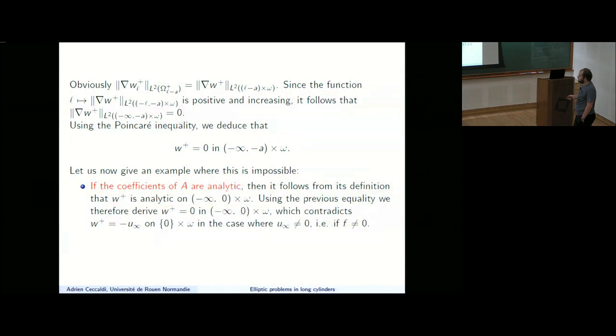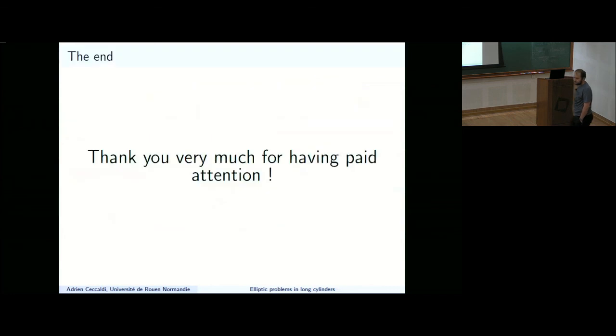So the U infinity is equal to 0, which is actually not mandatory. There is no reason for U infinity to be 0, so this is impossible. Another way to do that is using some maximum and minimum principles just to derive the same way that U infinity is 0 and contradiction. And that's it.